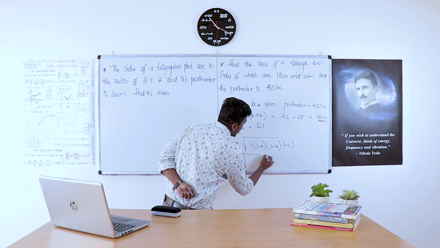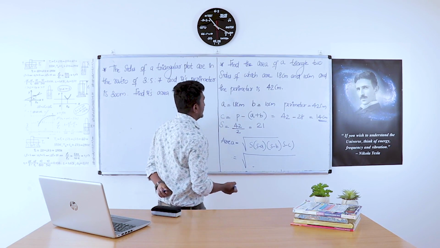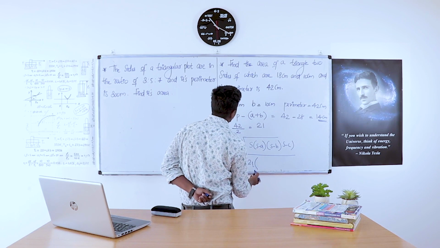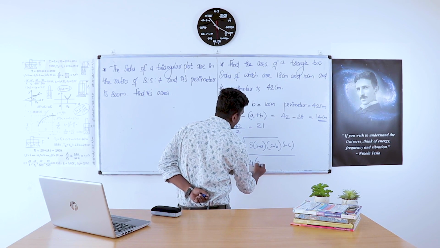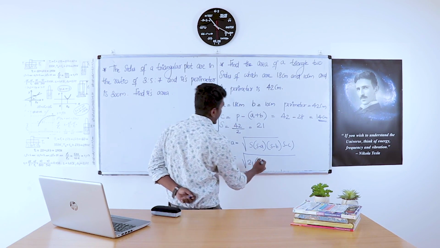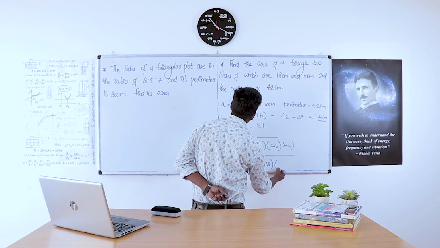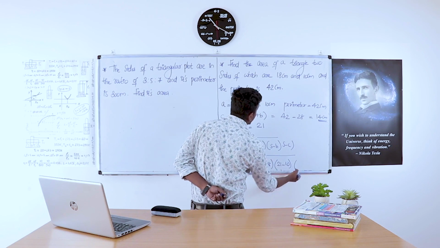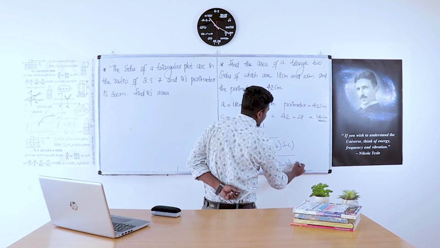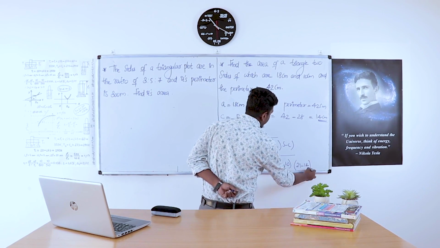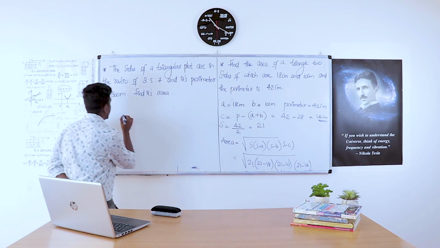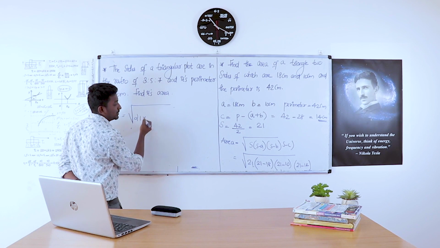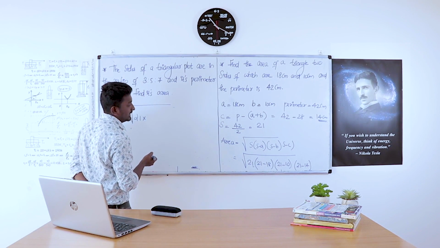Substituting the values, root of 21 into (21 minus 18) into (21 minus 10) into (21 minus 14).